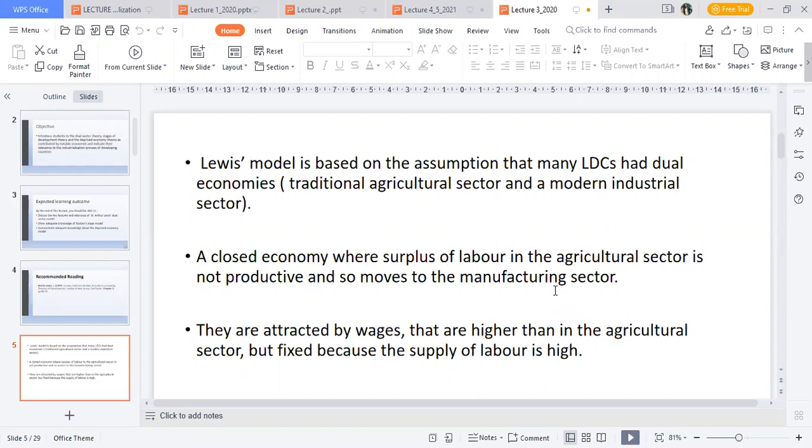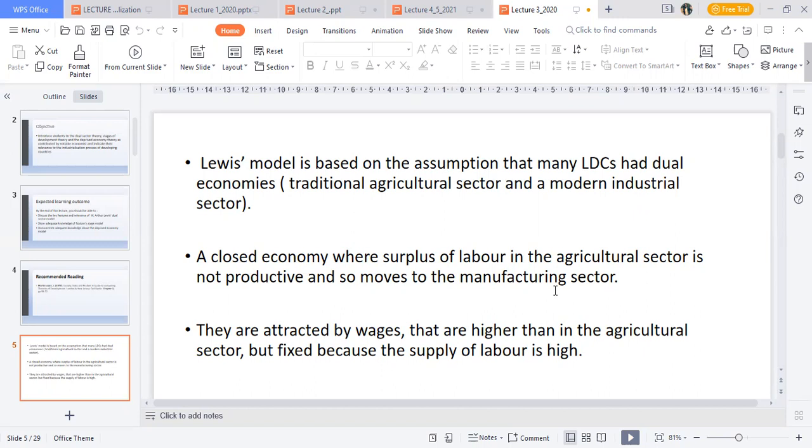Because the supply of labor is high, employers see that we have a lot of labor in the market, so they make the wage fixed. If you don't take the wage, go home. So we have the wage being fixed, and we have excess supply.